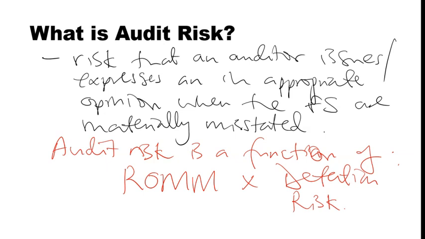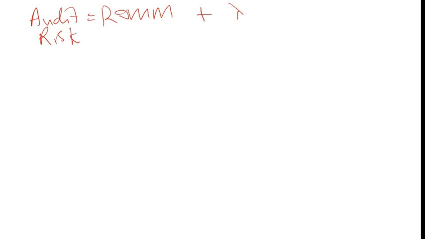ROMM stands for risk of material misstatements. Let me just write it here: audit risk is equal to ROMM plus detection risk.